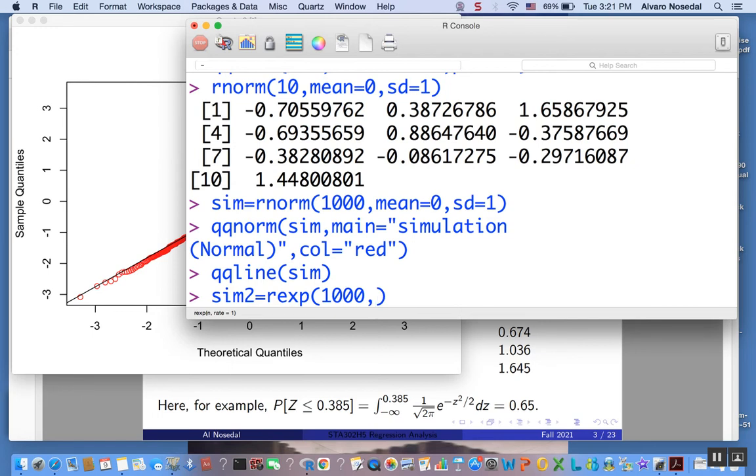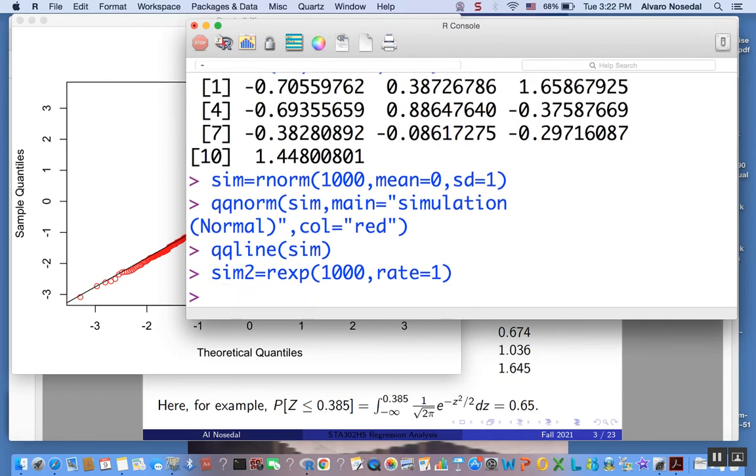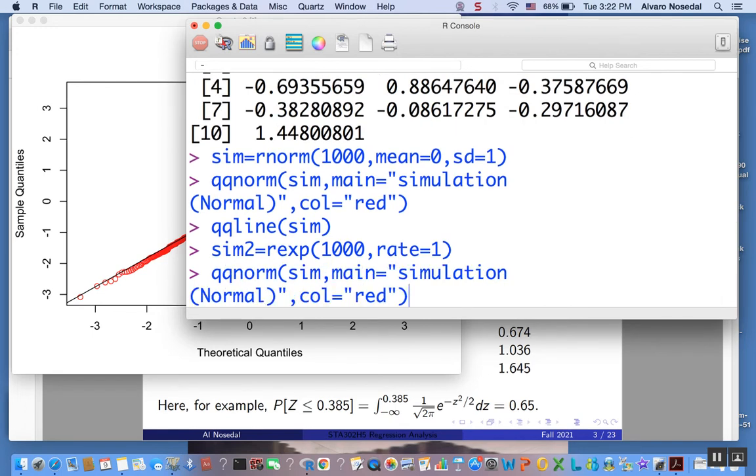So I'm going to make my life easy and use beta equal to 1. Now let's do the same thing that we did before. Let me do a quantile normal plot, or QQ plot.